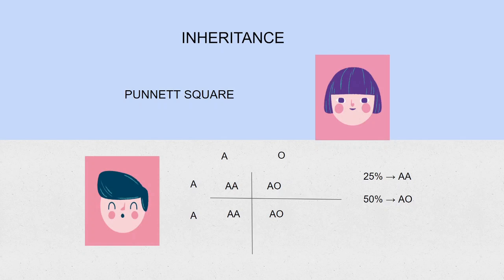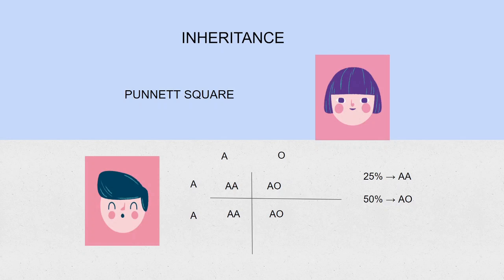Now let's talk about gene inheritance. Let's say that the guy and the girl have offspring together. You can use something called a Punnett square to determine what different genotypes their kids would have.